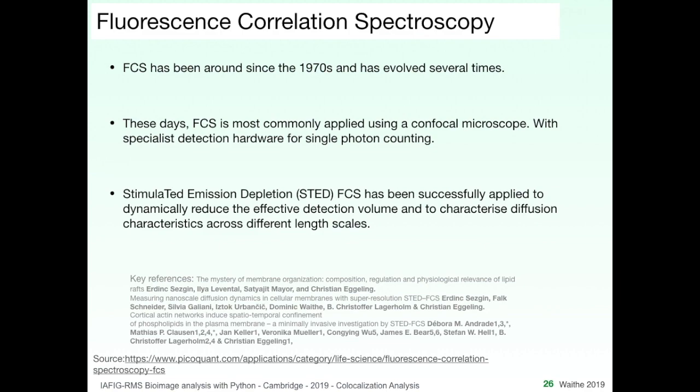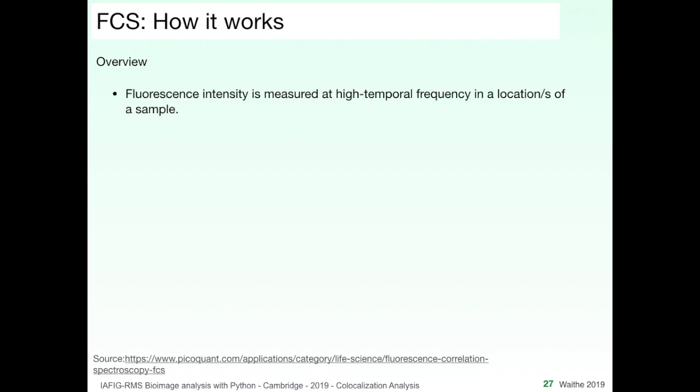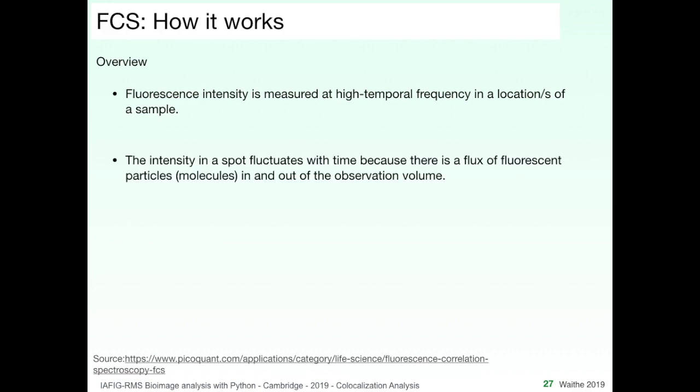But how does FCS work in general for the default case? Well, we measure our intensity at high temporal frequency in one or more locations. We look at how the intensity in the spot fluctuates with time, and it's this flux of fluorescent particles in and out of the observation volume, the rate at which this happens, which we can measure to calculate the rate of diffusion.